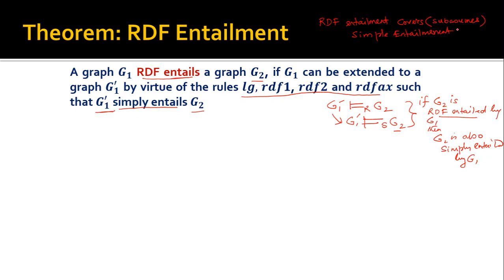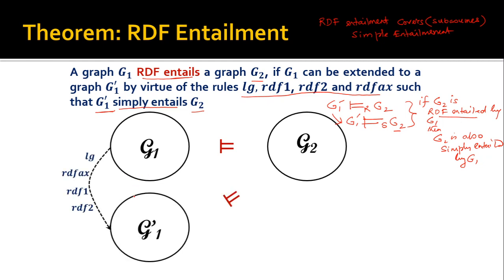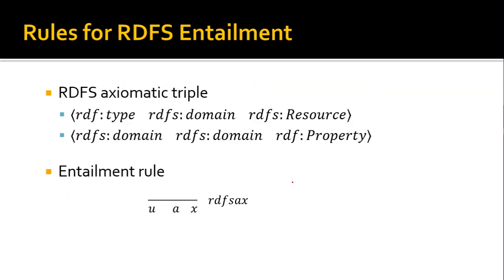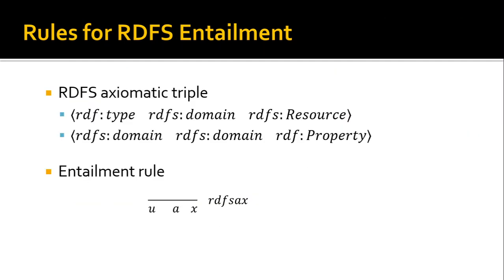Again, we can visualize this in this form. You can translate G1 into G1 prime, and if you see that G1 prime simply entails G2, then you say that G1 RDF entails G2, right?